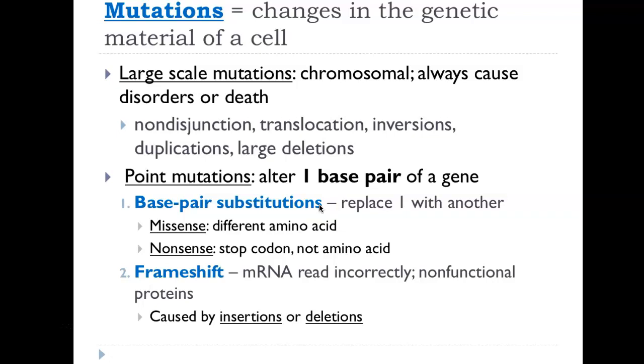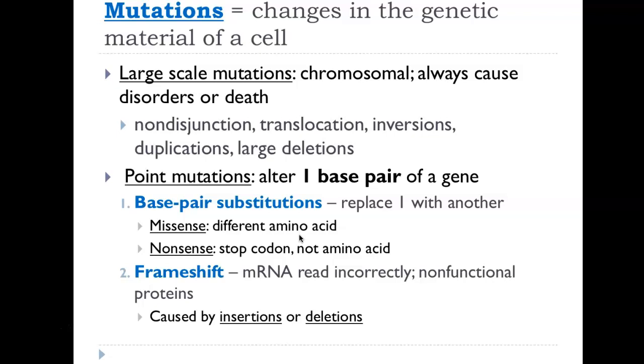So there are different types of substitution mutations. One's called a missense and one's called a nonsense. There's actually a third that's called a silent mutation. So a missense mutation is going to give you a different amino acid than what you're supposed to have because DNA is mutated, the wrong base is put in.